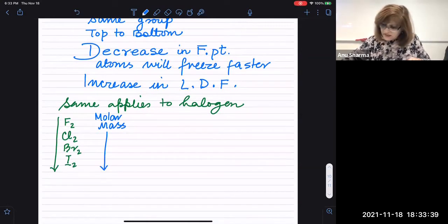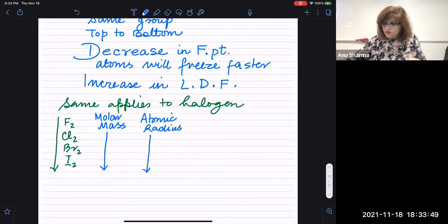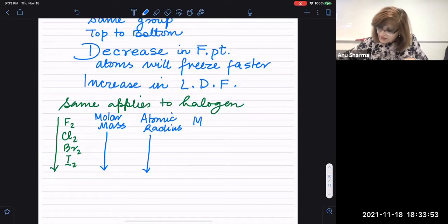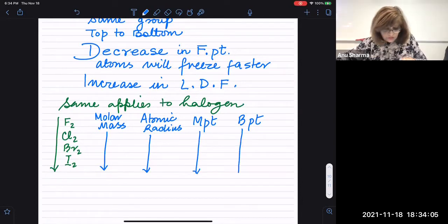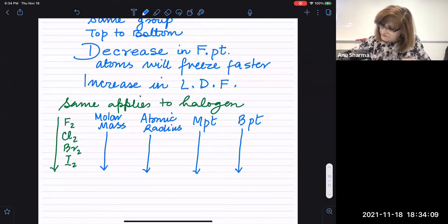We also see the atomic radius, the size, the spread of the electron cloud also increases. Iodine has more electrons, fluorine has less. Because of that, the melting points are going to increase, and the boiling points are also going to increase.